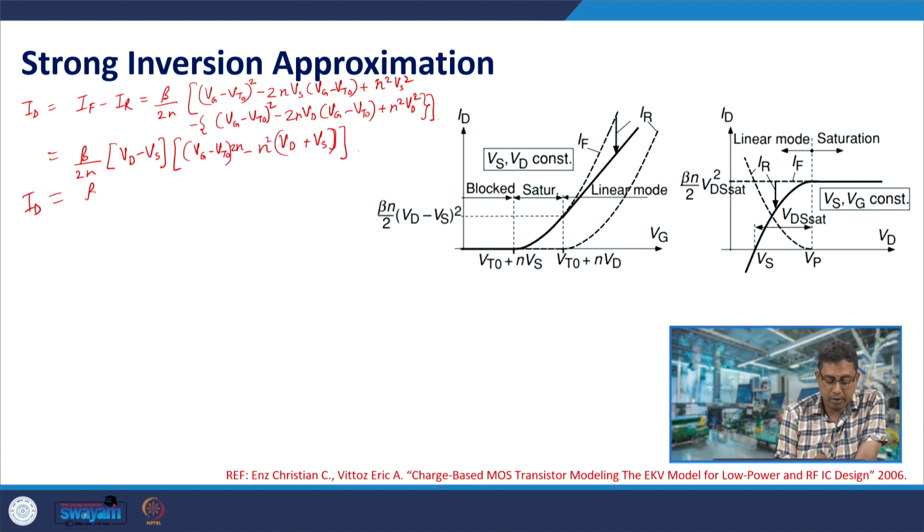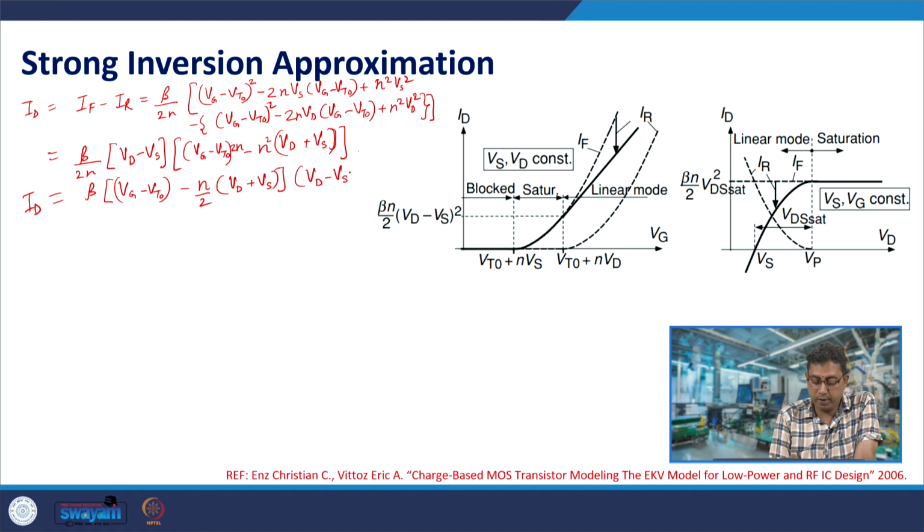So, ID is beta into (Vg minus Vto minus n by 2 (Vd plus Vs)) into (Vd minus Vs). So, this is the expression in linear regime of operation. This is for Vd being smaller than Vp. Okay. What is the value of saturation drain voltage?